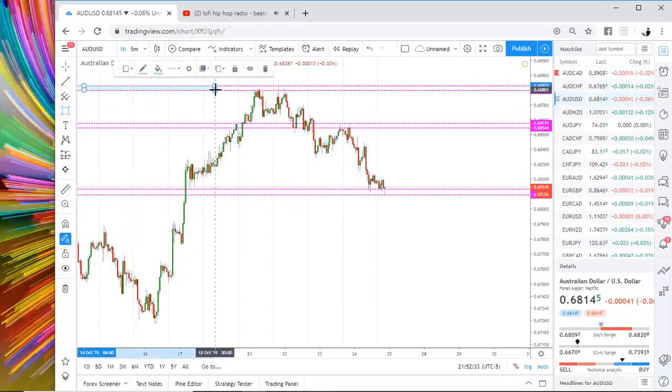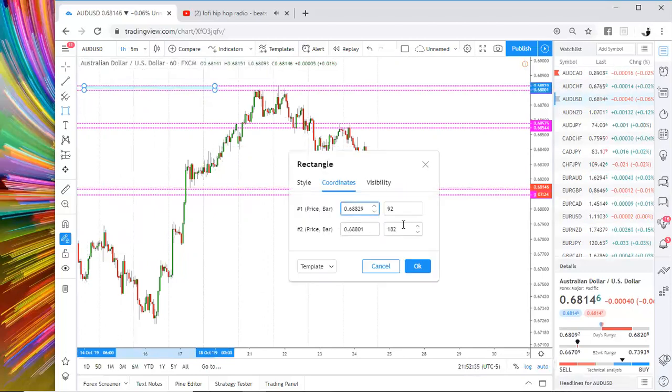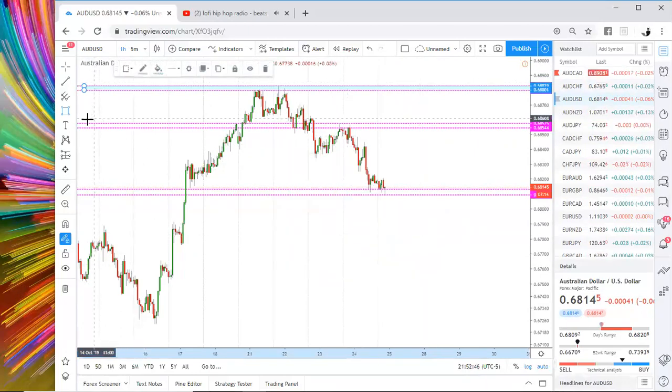But what I want everyone to realize on this one is that there's more than one option. For example, it could be the middle zone, the bottom zone, or the top zone. So that's what I'm going to draw up for you right now.